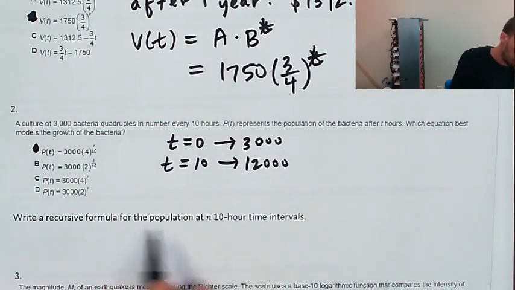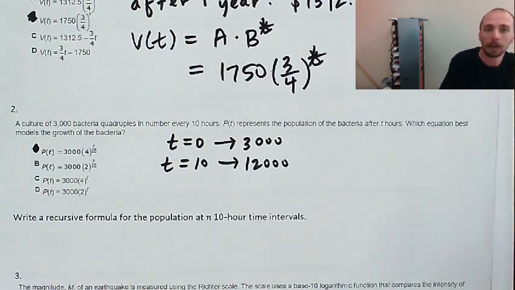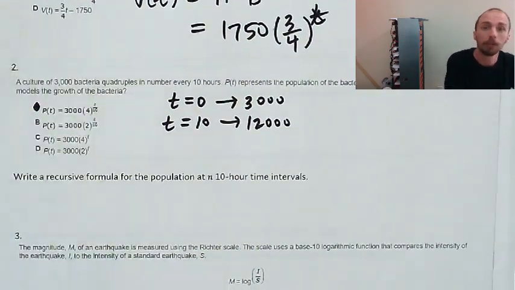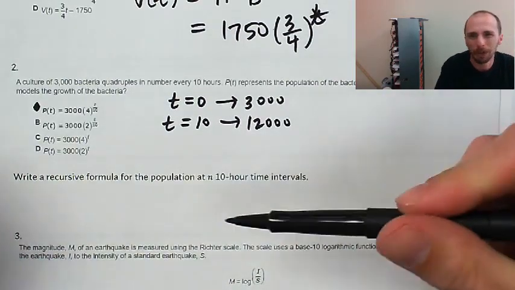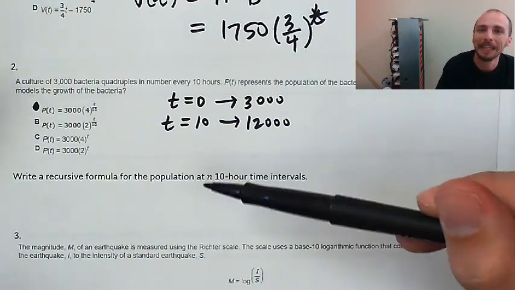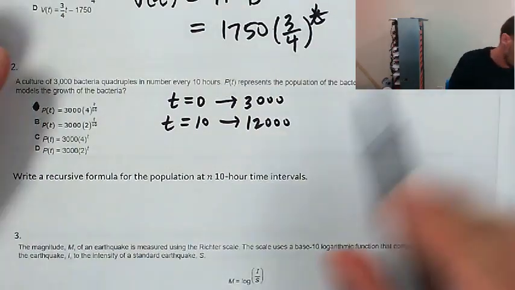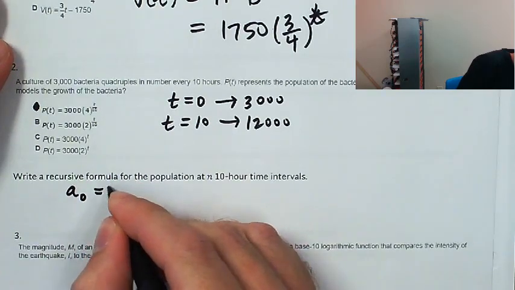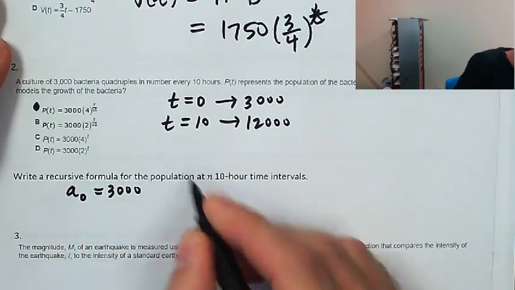And then it asks for a recursive formula for the population at n 10-hour time intervals. I wanted to make as many recursive formula questions as possible, but it's kind of hard when it was one of these where it was quadruples every 10 hours. So we're just going to say n is a 10-hour time interval. At the beginning, it's 3,000, so I'm going to say A0 equals 3,000.